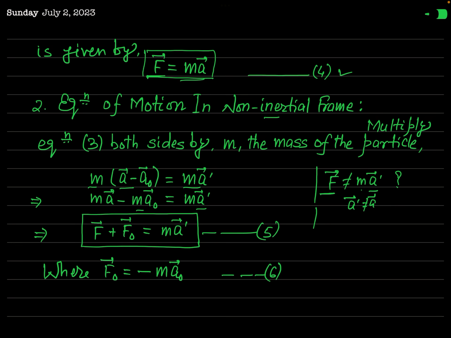And ma, you can see from equation number 4, is equal to F, which is the resultant of all the actual forces acting on the particle. Whatever force acts on the particle, the resultant is F. And I have written F naught instead of minus m a naught. So F plus F naught, where F naught is equal to minus m a naught, is equal to m a dashed. And this is the equation of motion in a non-inertial frame.